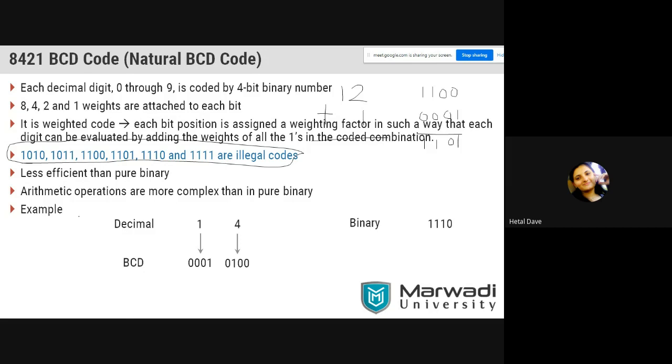How can binary be obtained? Using the division method. Take 14 and convert it into binary. You know this thing, but still everyone take 14 and convert it into binary. Which method will be used? The division method. 14 will be divided by 2. Keep track of the remainders and note the remainders from bottom to top.